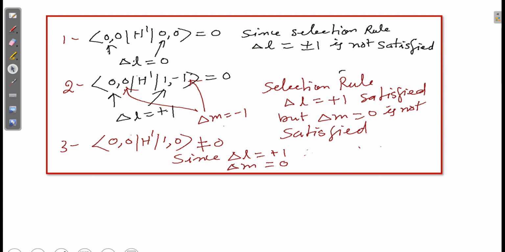I have explained by taking 3 examples. First, 0 0 and 0 0: the difference delta L is 0, which is not equal to plus minus 1, so this term is 0.